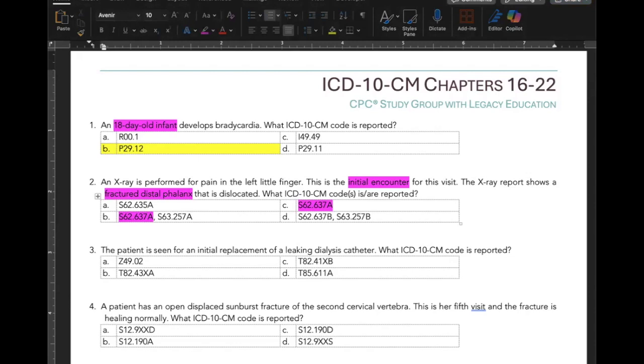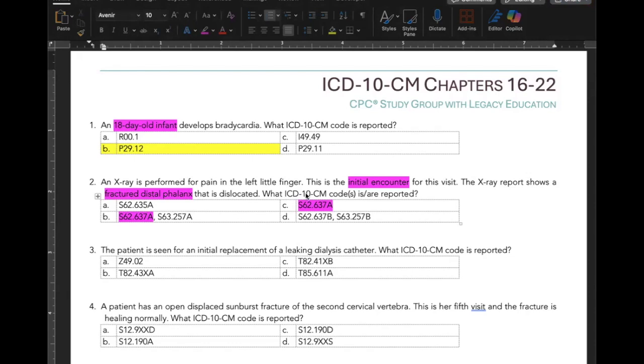Just the fracture. Yep. And if you don't know, you can go to dislocation, and underneath you would see "with fracture," because that dislocation is present with the fracture, and it would tell us to see fracture. So that's telling us that we are going to code the fracture only.